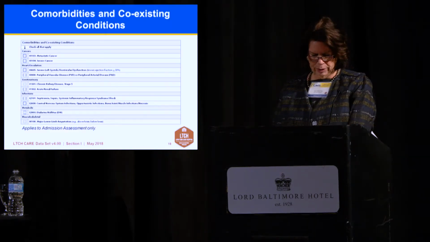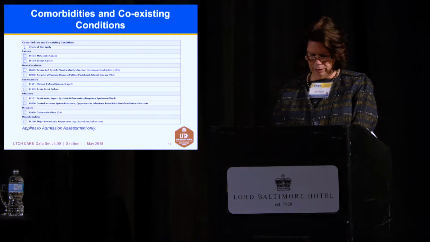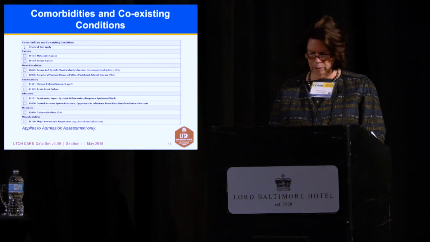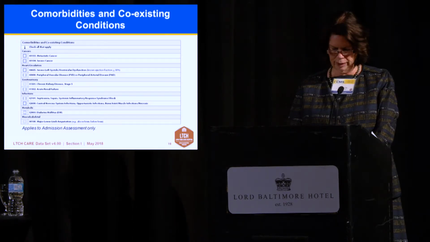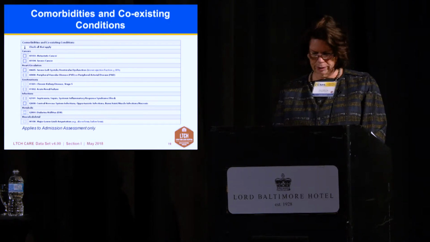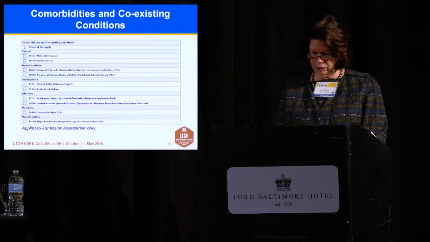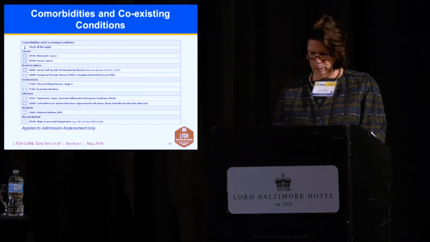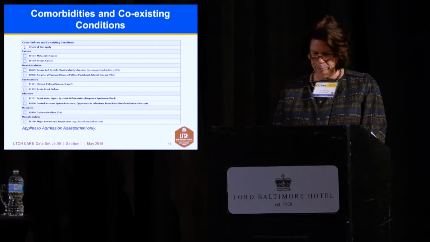The next 3 slides depict the multiple categories of the comorbidities and coexisting conditions component of Section I. If a patient has any of these conditions, the person completing the data set should check all that apply. This section is completed only if A0250, reason for the admission, equals 01, admission.